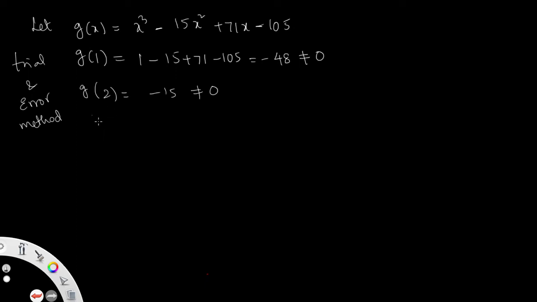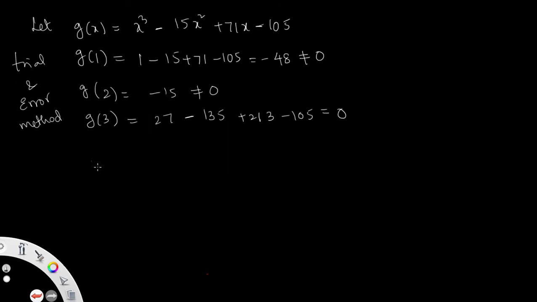Now let us try another number, 3. So 27, then minus 135, then plus 213, and then minus 105, which is equal to 0.